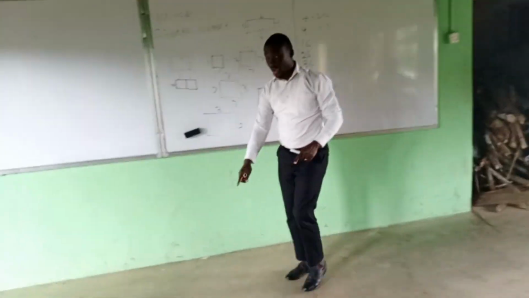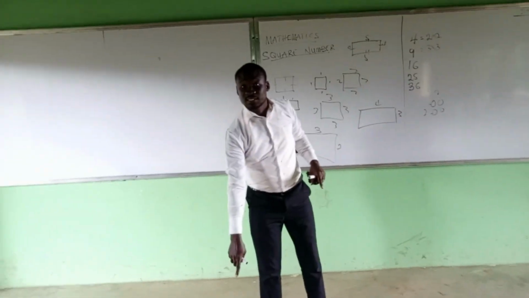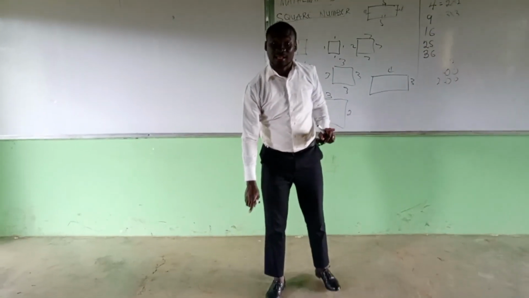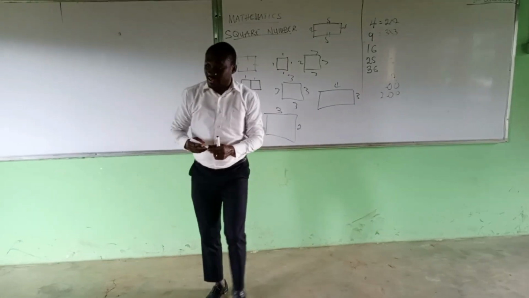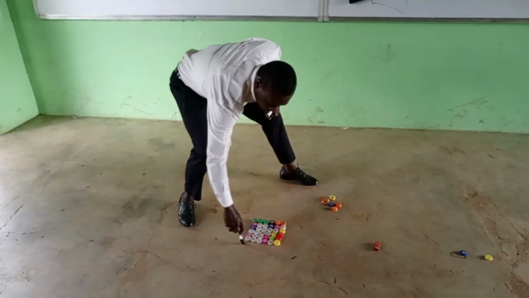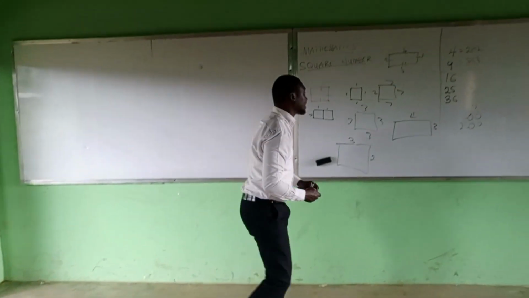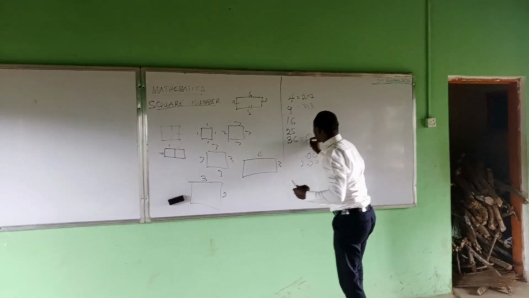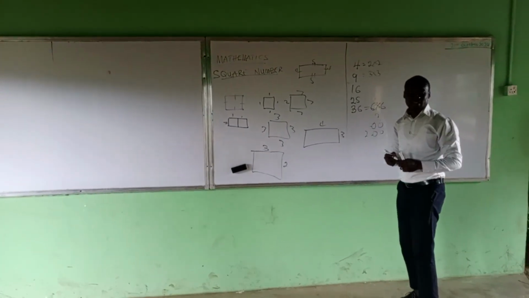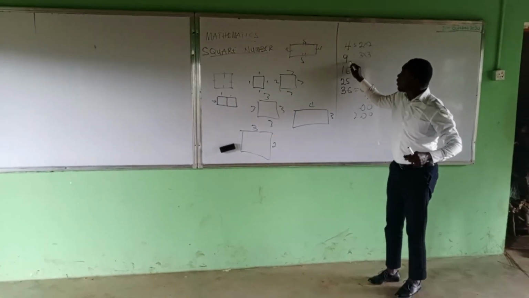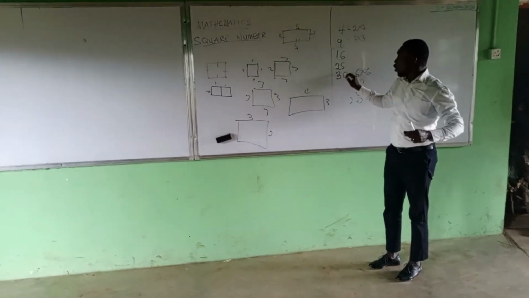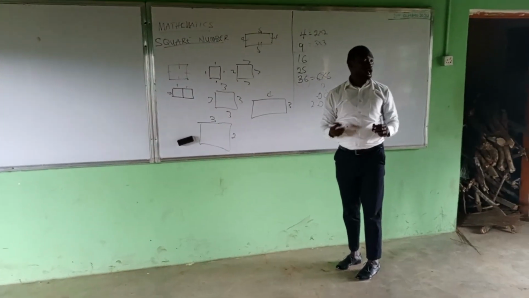Let's go to the last one, 36. When we counted, we have 6 by 6. So it's 6 times 6. All these numbers are called square numbers.